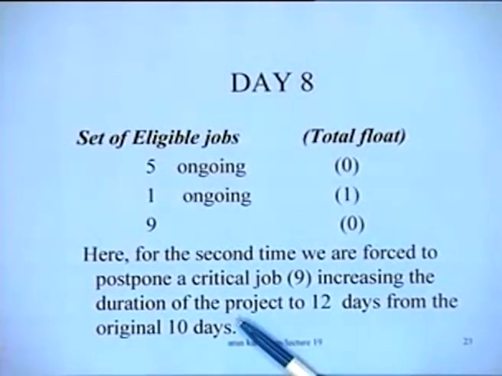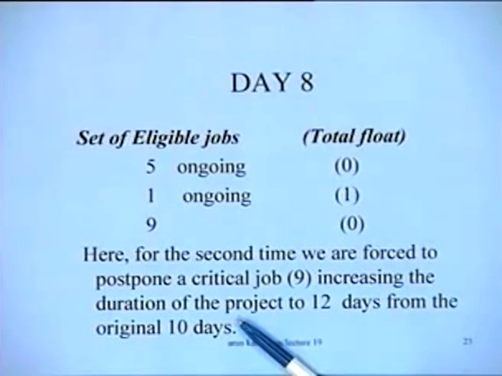This is what has happened. So whenever you take a decision to postpone a critical job, like we are doing for the second time in this procedure so far, the project duration has now increased from 11 to 12. It has increased by 2 days from the original project duration.